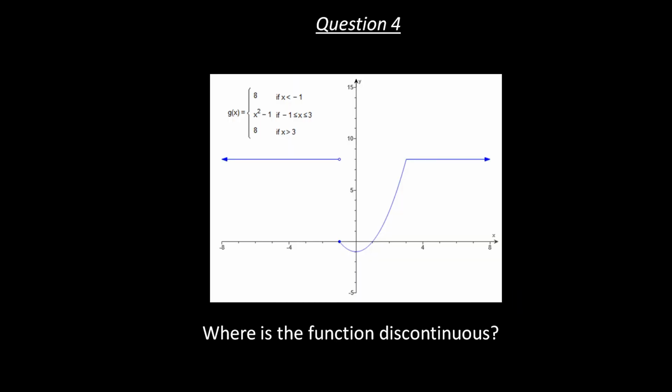So check this out for question 4. Given this piecewise function, and there are the 3 pieces for it right there, where is this function discontinuous?